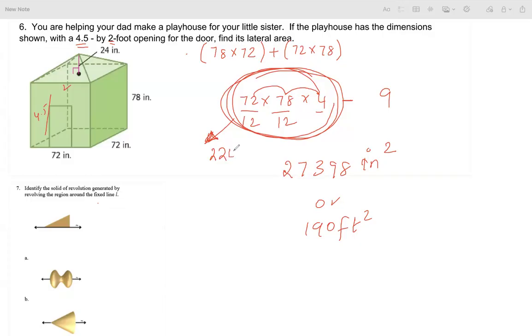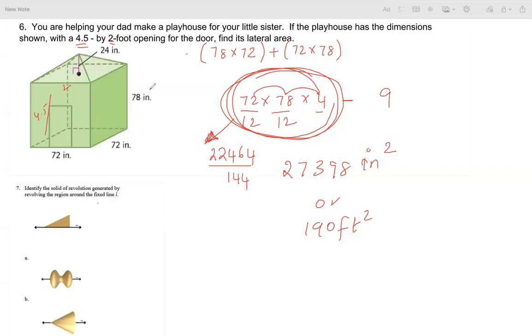And then what did you subtract? I subtracted something. So what did you do then? I don't know. I don't remember all the steps I did. Okay.